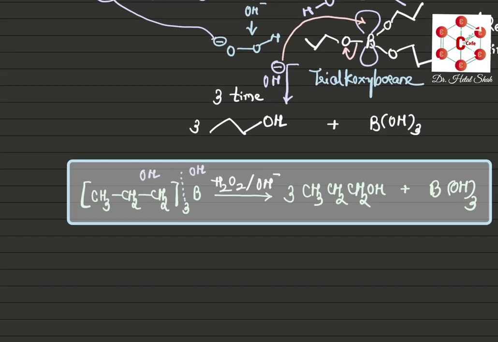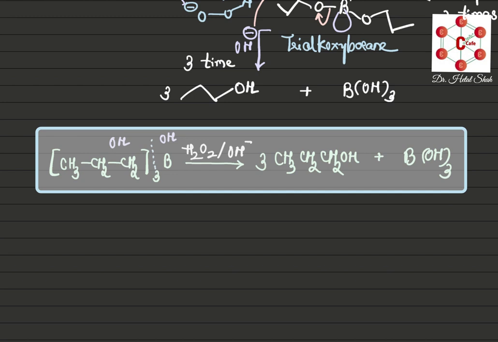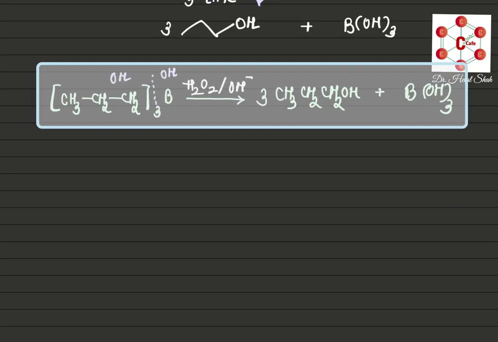I think that's more than perfect. And now coming to the important things about hydroboration oxidation. What exactly would happen? Hydroboration oxidation, there are few things that you have to remember. One, it is syn addition. Two, there are no intermediates, so no rearrangement.